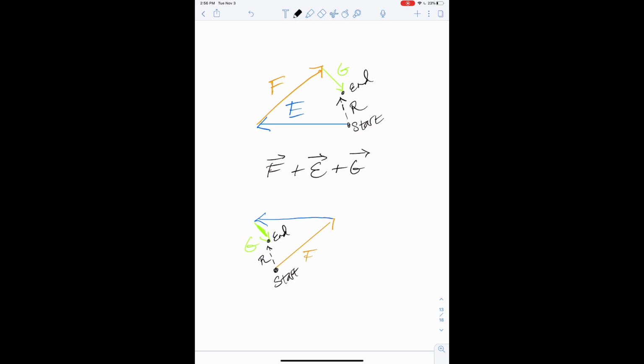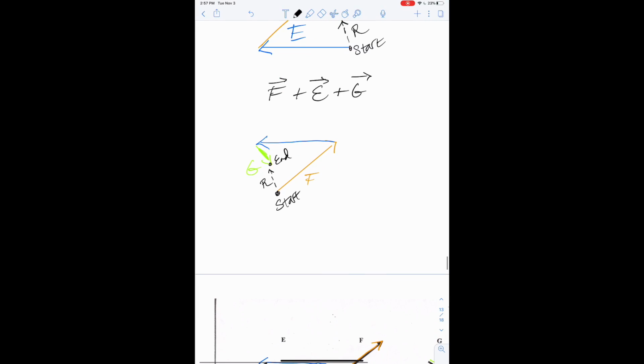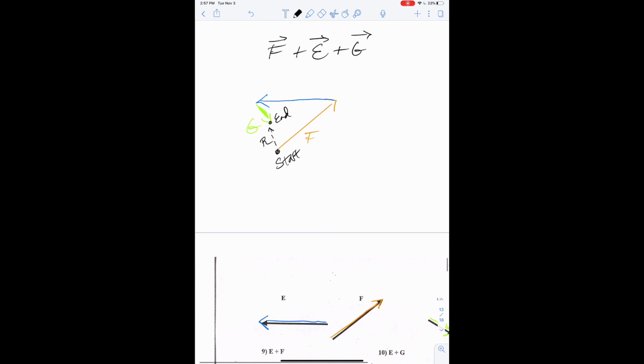Check that out. So does order matter? No. So we could have put those three vectors in any order, head to tail on all of them, and it's going to work out. So make sure that makes sense why they're each head to tail, and if it doesn't, obviously go back and watch that part and make sure that that makes sense to you.